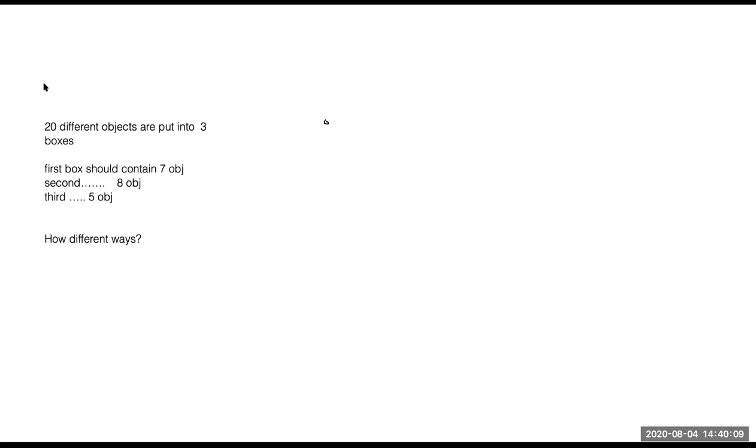So let me show you the solution, okay? First, what you can do is line up the 20 different objects in a line. Here are 7, okay? 8 and 5.